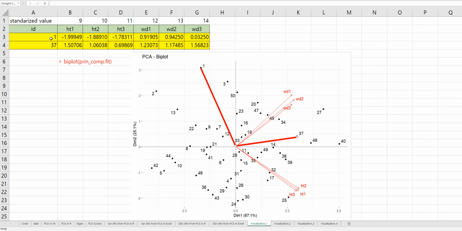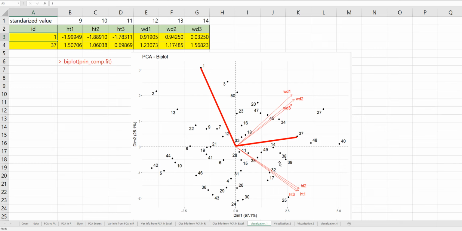The first observation shows this line. We need to think of the angle between this observation and the variable. Then it's almost 90 degrees. As you can see, it means that there is no strong relationship between them.